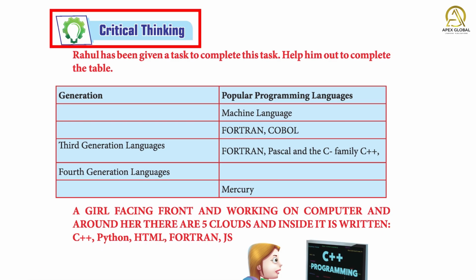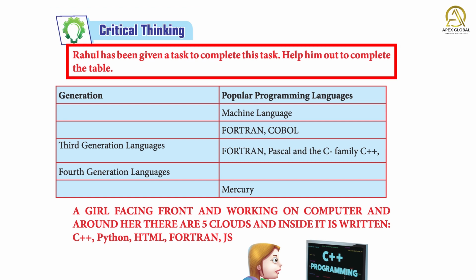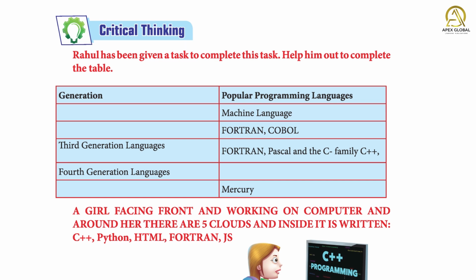Critical thinking. Rahul has been given a task. To complete this task, help him out to complete the table. Generation: first generation language, second generation language, third generation language, fourth generation language, fifth generation language.